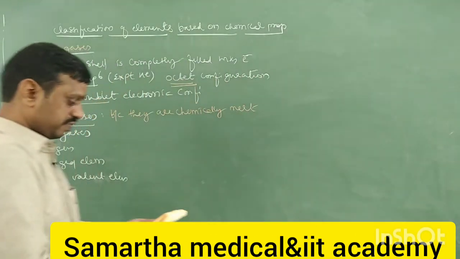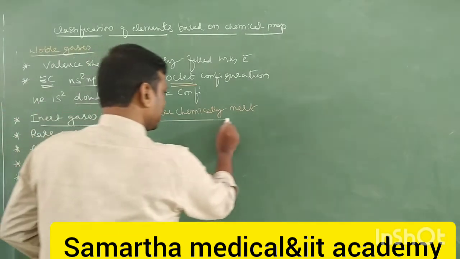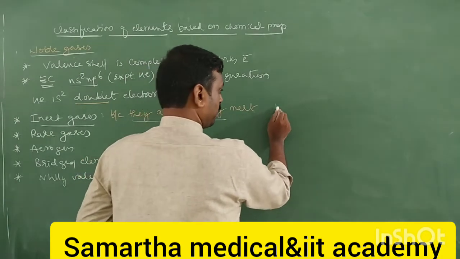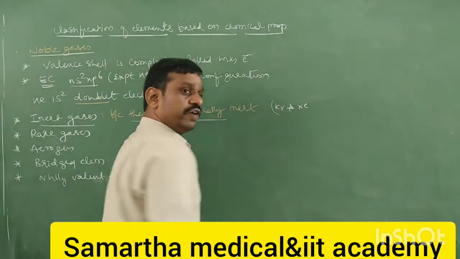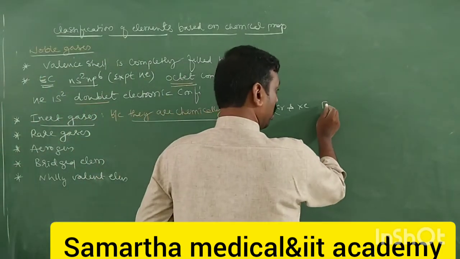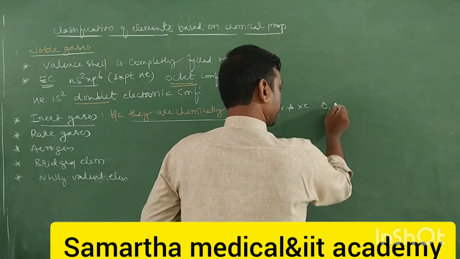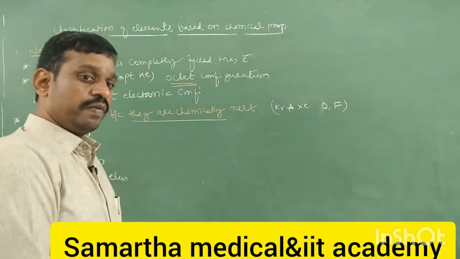Which elements? Yes, they can. They are usually chemically inert, but krypton and xenon can form compounds with the most electronegative elements like fluorine and oxygen. They can form compounds with fluorine and oxygen, but not any other elements.